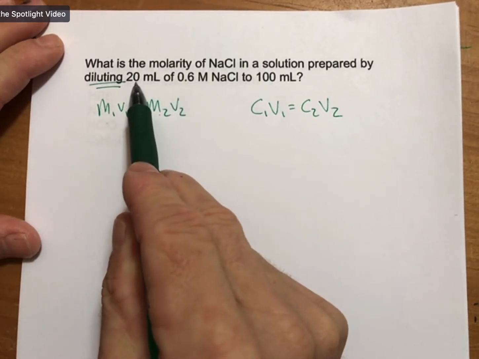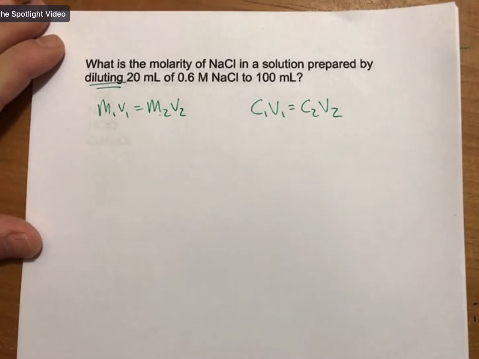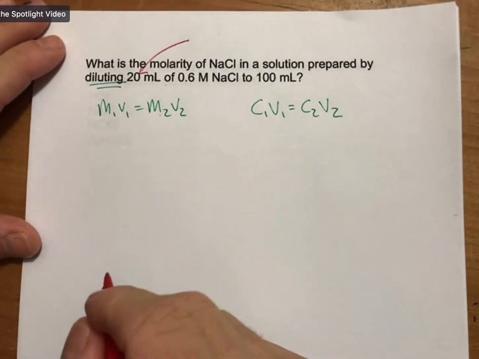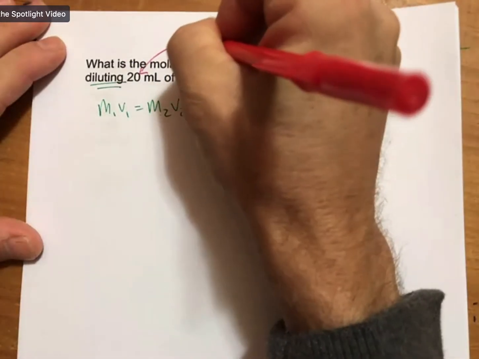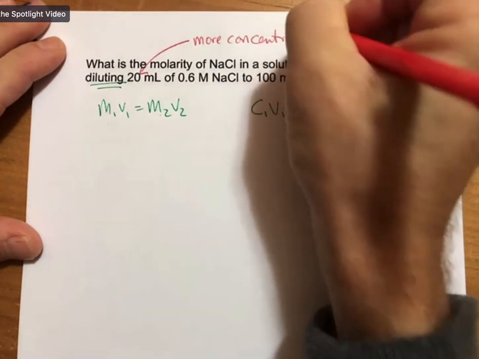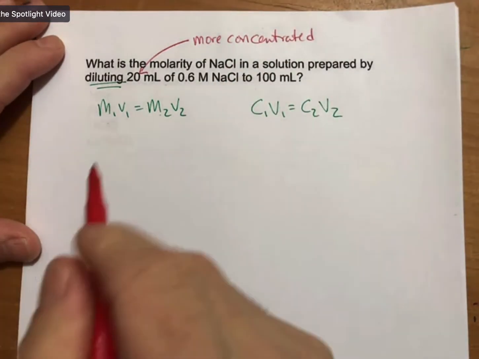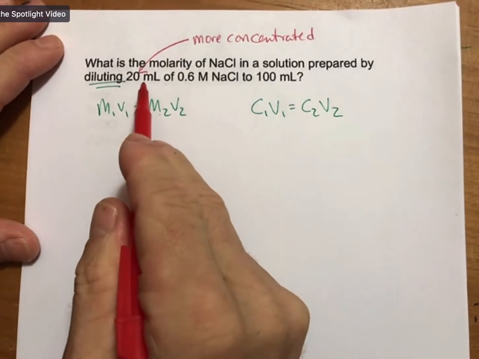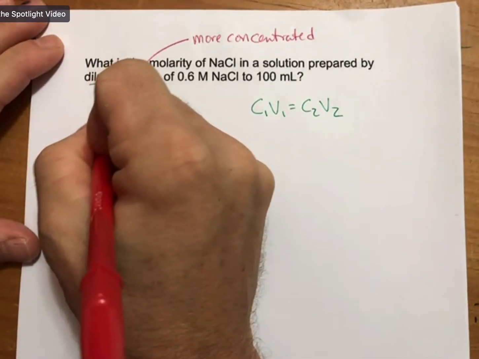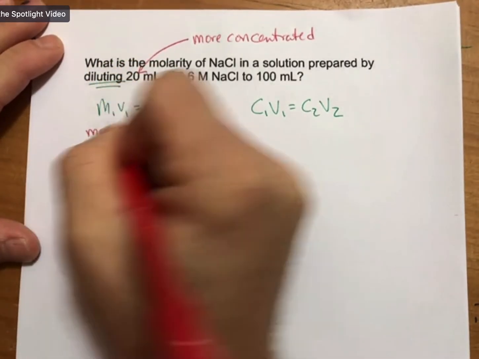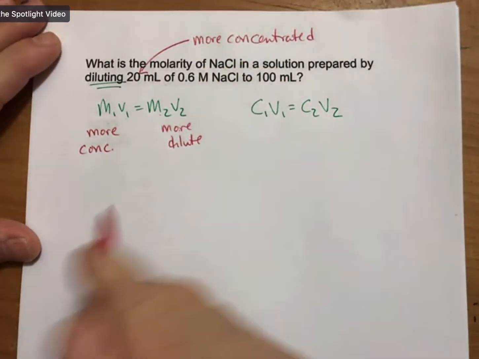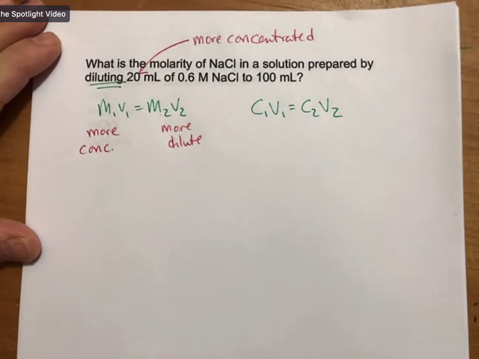Now the smaller volume will typically be your more concentrated volume. And I tend to make this the more concentrated set of numbers, my M1 and V1, and my M2 and V2 my more dilute.